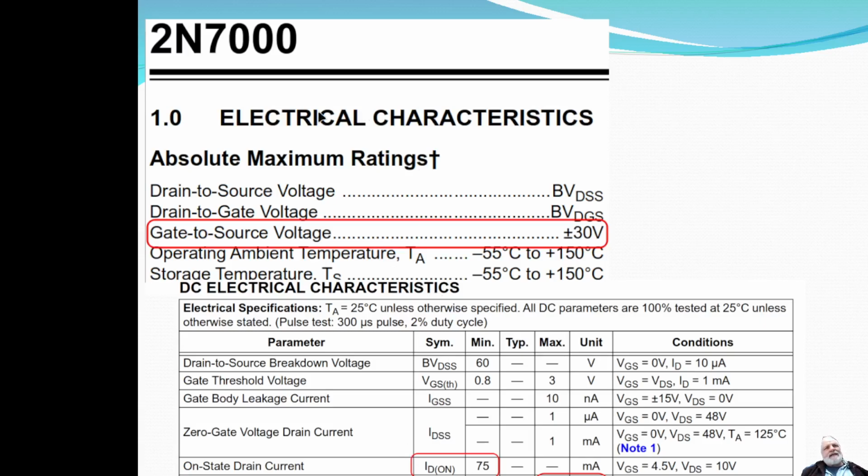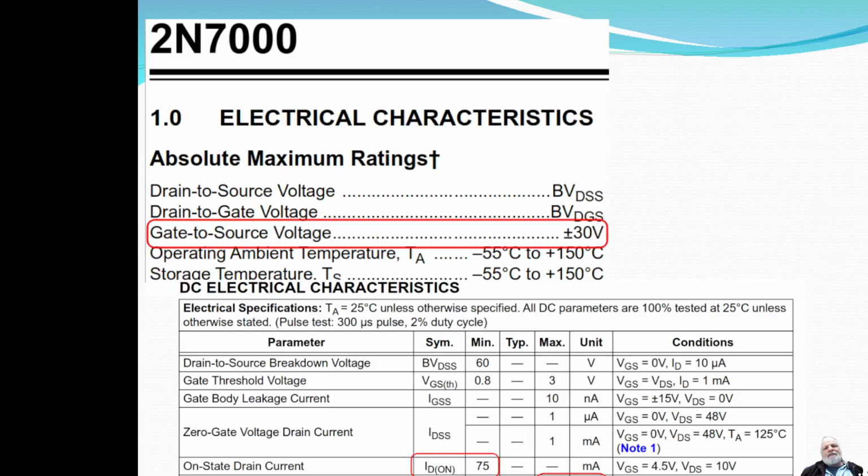But the nice thing about this transistor, and MOSFETs in general, is they have very low impedance when they're in the on state. So what this is telling you is that when this thing is on at 75 milliamperes, it's going to have a drain to source resistance of about 5.3 ohms. And therefore you can calculate how much power this thing is actually going to dissipate, based on what the voltage is and what the current is.